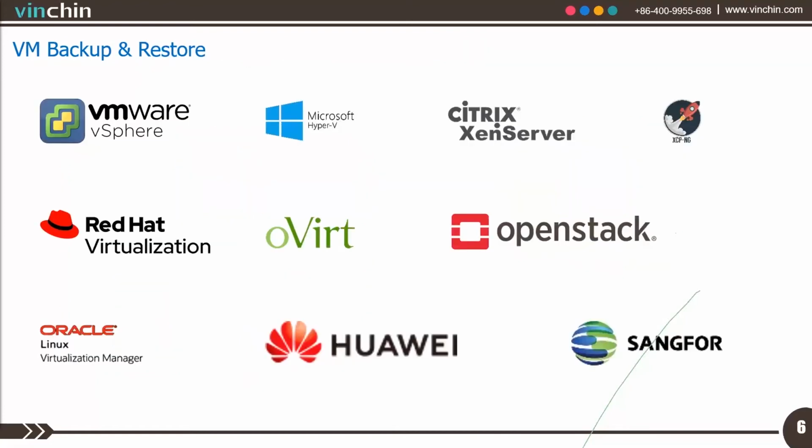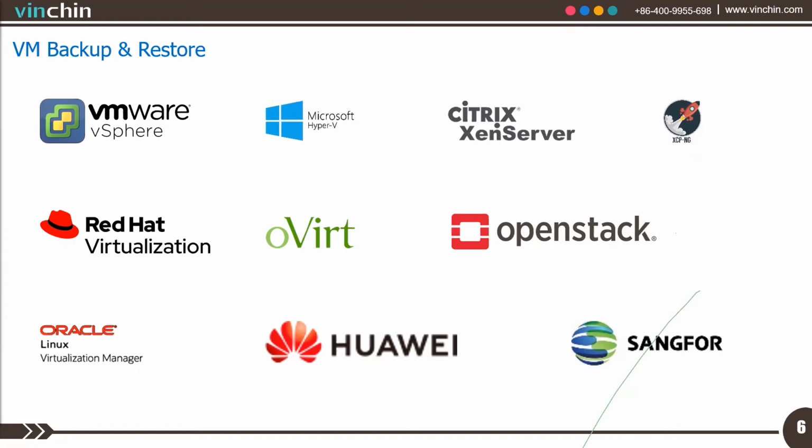Okay, here's a list of virtual infrastructures that can be supported by a Vinchin backup and recovery server, including VMware vSphere, Microsoft Hyper-V, Citrix XenServer, XCP-ng, Red Hat Virtualization, oVirt, OpenStack, Oracle Linux Virtualization Manager, Huawei FusionCompute, and Sangfor HCI.